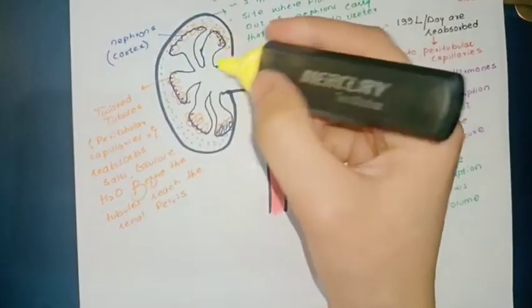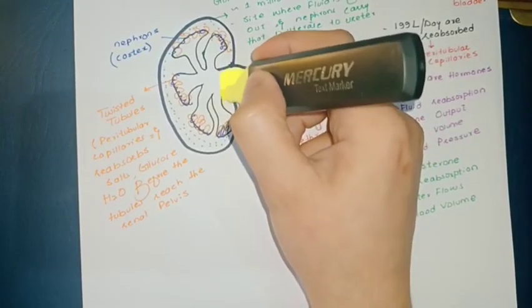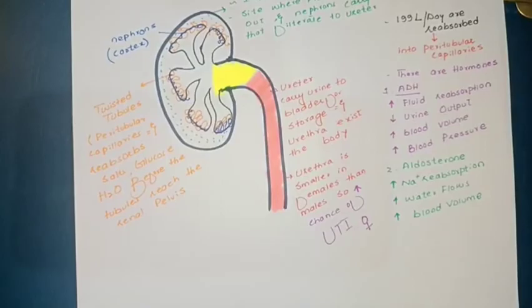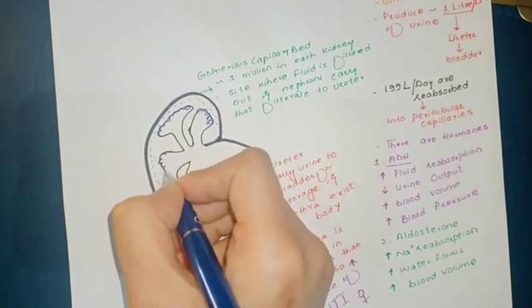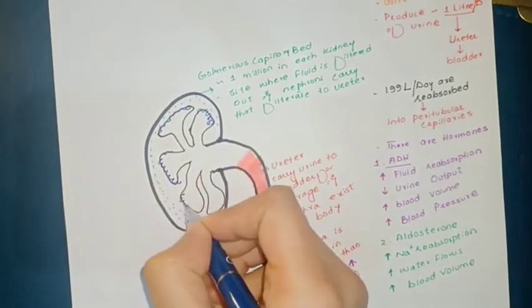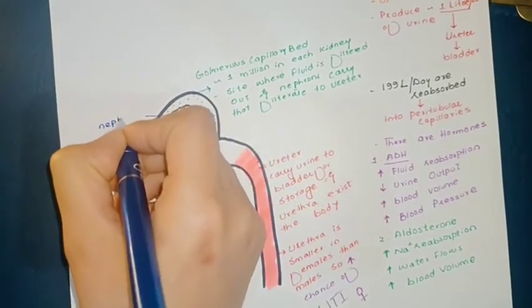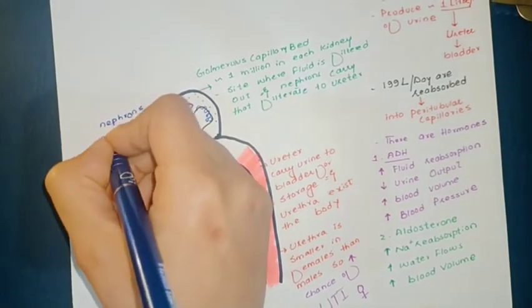This is the area of the renal pelvis. You can see here that these are the nephrons which are present in the kidneys, in the cortex of the kidney.